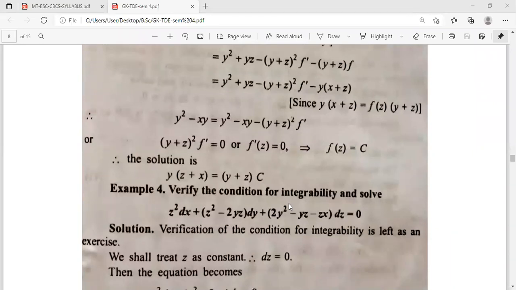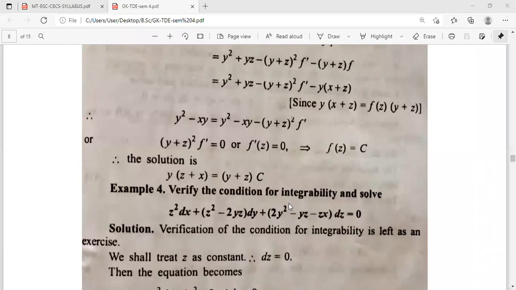The main one is the P dx plus Q dy plus R dz equal to 0 form. The second condition is to be verified. You have to take the variable as a constant, and then substitute in the given equation. After substitution, you get the equation containing x and y, dx dy. You have to integrate.